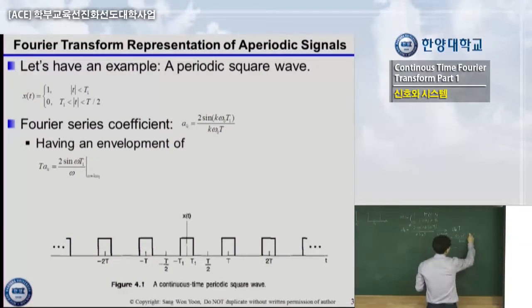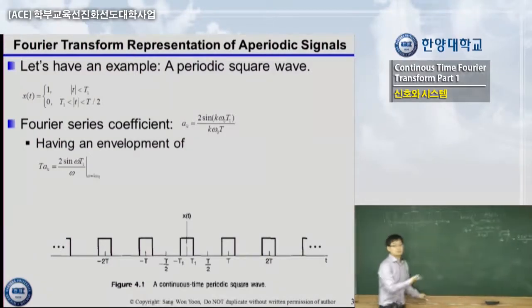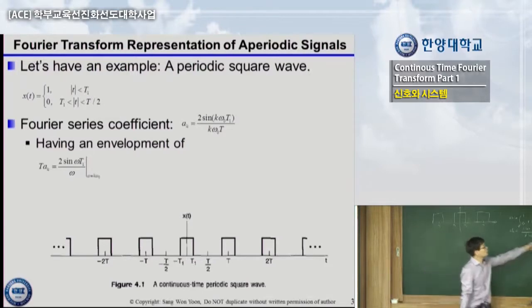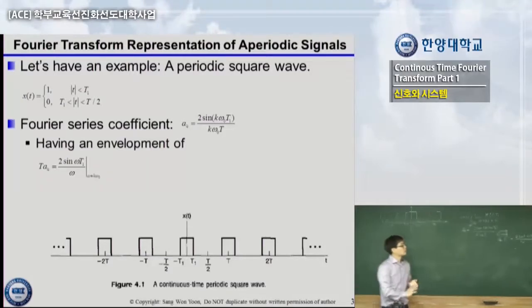So it will look like this, and this one is a_k T. Okay? Makes sense, right? We just define this one to be like this, and move T to this side. So we started from here.